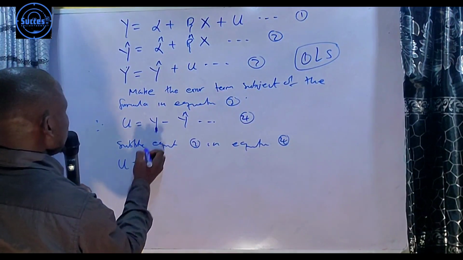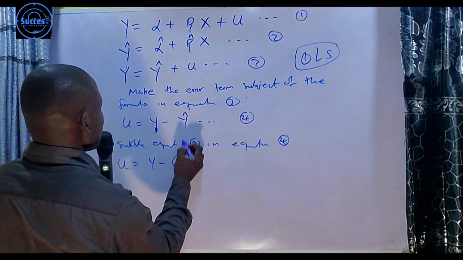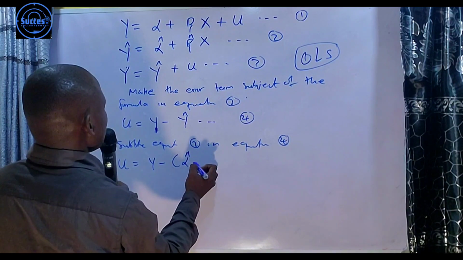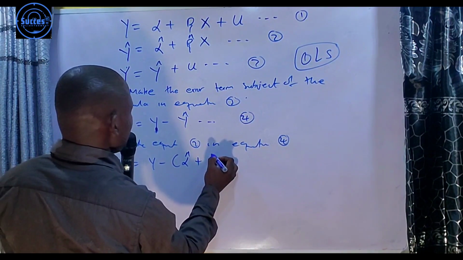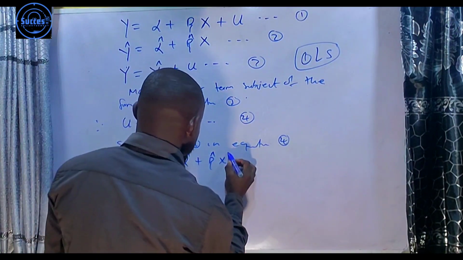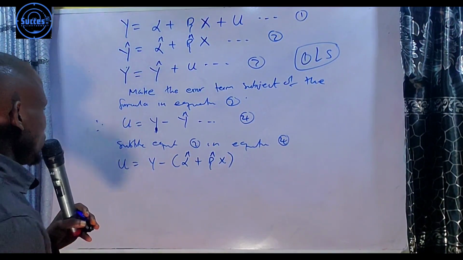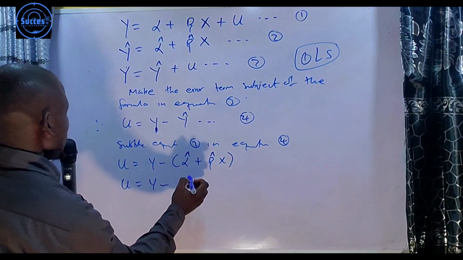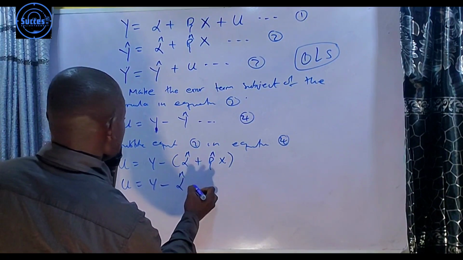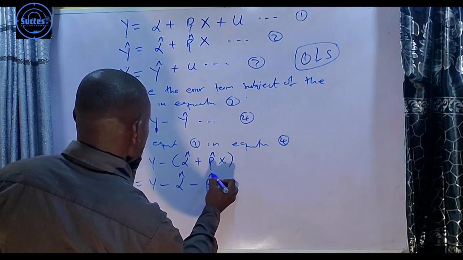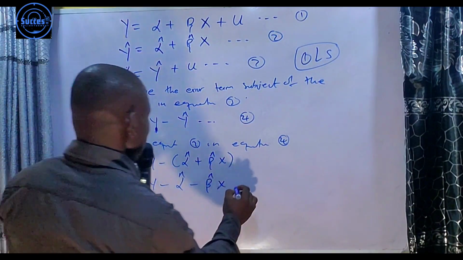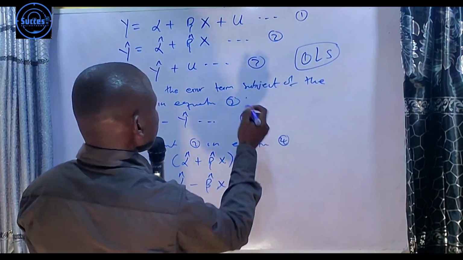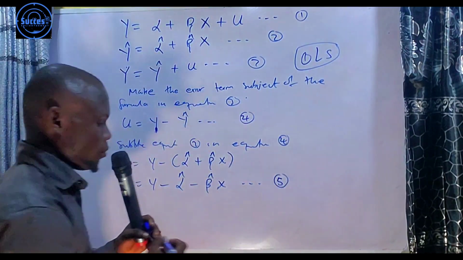So your error term then equals Y minus, in bracket, alpha cap plus beta cap X. And this you can write as u, the error term, equals Y minus alpha cap minus beta cap X. You can name this equation 5.